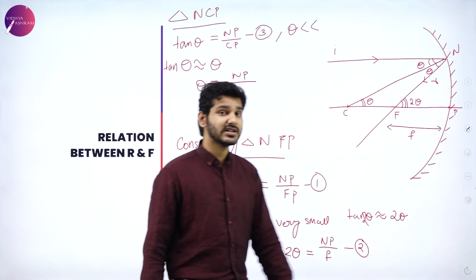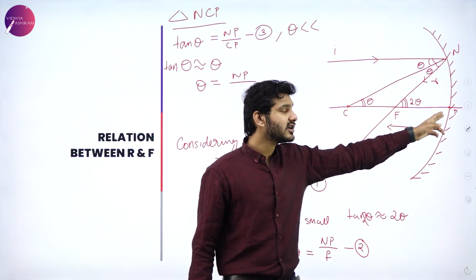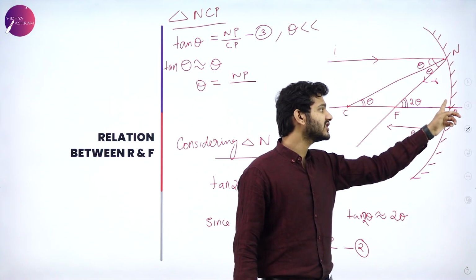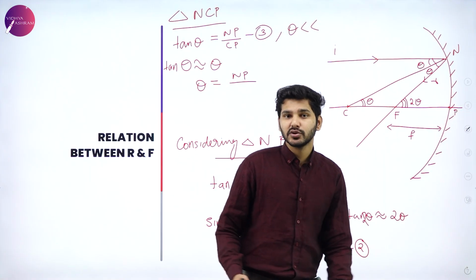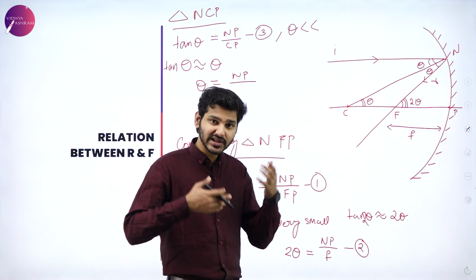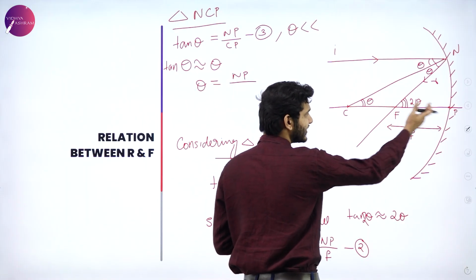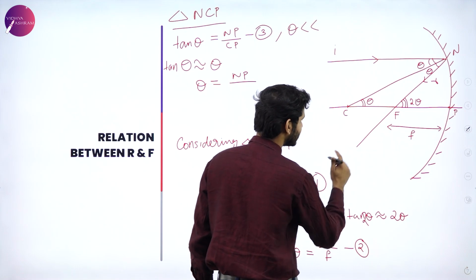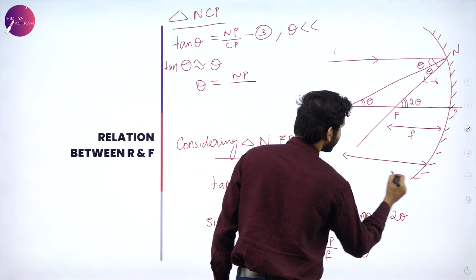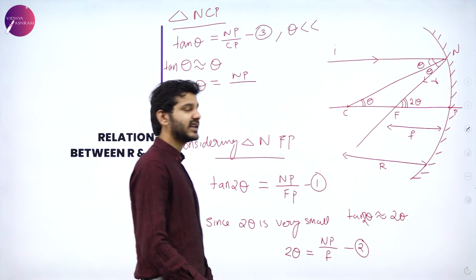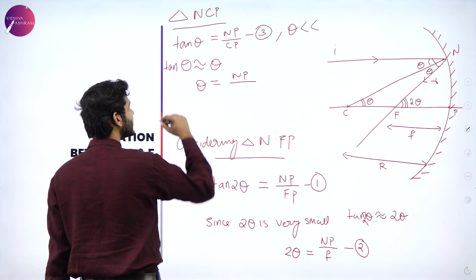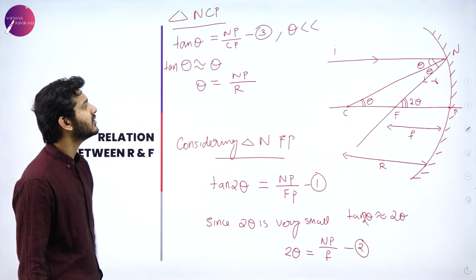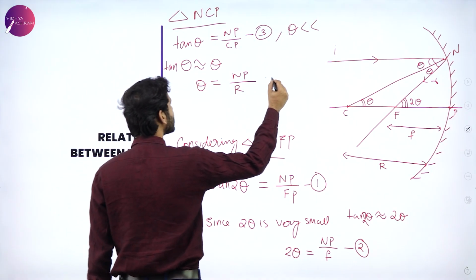CP is nothing but the distance from the center of curvature to the point P on the principal axis. The distance from the center to this particular point on the mirror is known as the radius of curvature, indicated by the letter capital R. So instead of CP, I am going to substitute R. Then I have one more relation where theta is equal to NP by R. Let's name it as equation number 4.